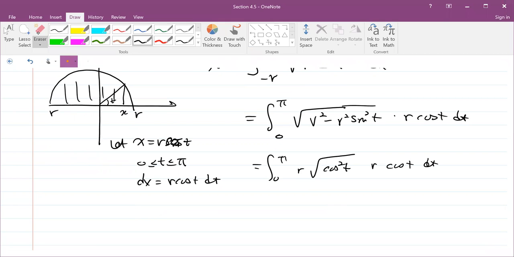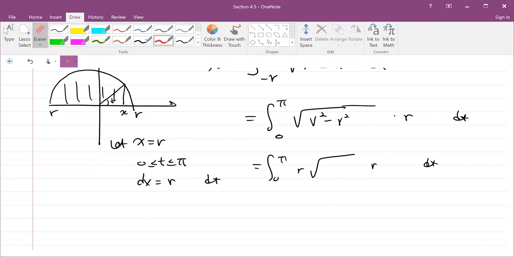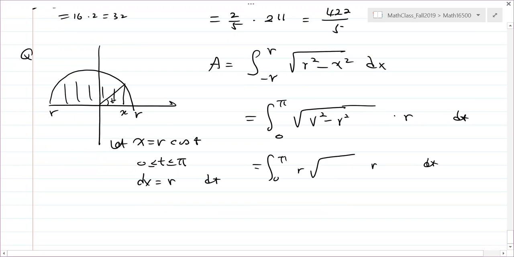If you use a picture here, polar coordinates for example, x is cosine t, otherwise I'm going to have trouble. So t is between 0 and pi; when t equals 0, you get r. The derivative, dx, is negative sine t dt.